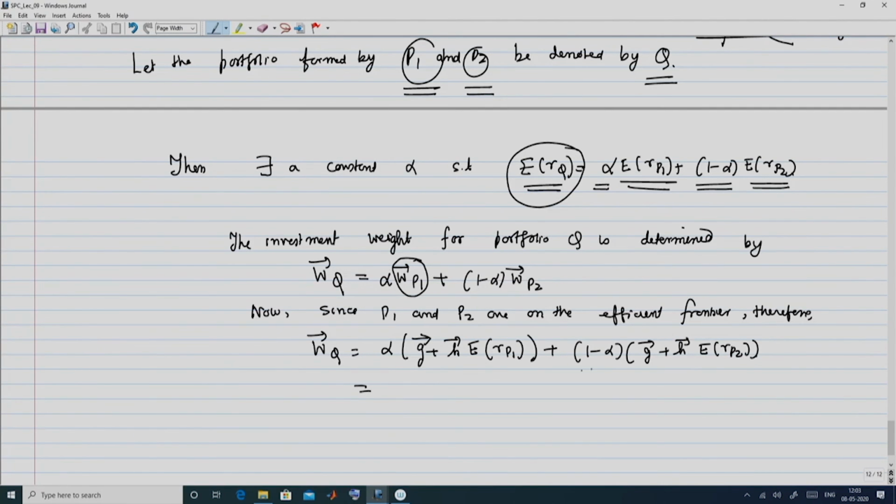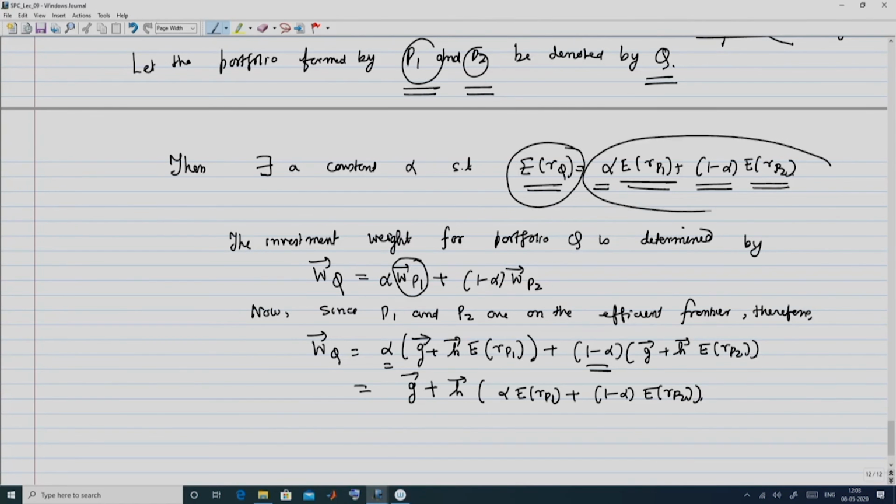So, I can take the G terms, and the alpha and 1 minus alpha terms will combine to give me G, plus I will have the H term, and along with it alpha E of R P1 plus 1 minus alpha E of R P2.